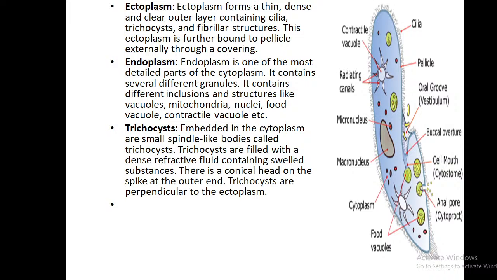You can see here the small structures found in the cytoplasm. You can see they are embedded in the cytoplasm. They are small spindle-like bodies. That is what is called trichocyst. Trichocysts are filled with refractive fluid.